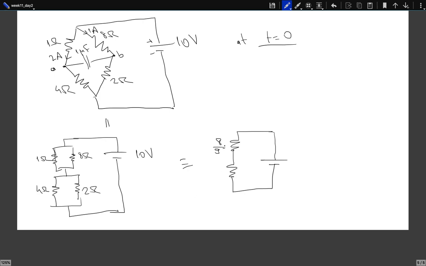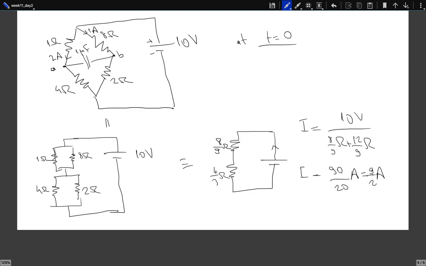That is 8 over 9. What about the other one? 4 over 3. Just multiply them, divide by their sum. So the total current running through the system would be 10 volts divided by 8 over 9 ohms plus 12 over 9 ohms. Or the current is 90 over 20 ampere, 9 over 2 amperes. That is the total current running through the circuit.